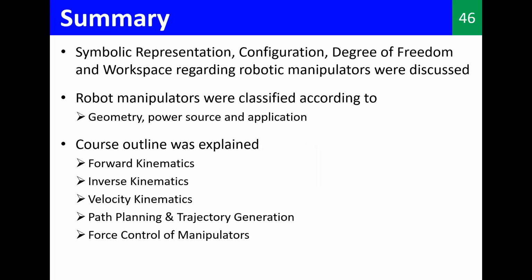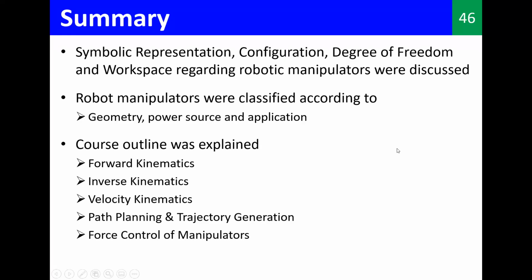So let me summarize what we studied today, right? So we started with how we can draw a manipulator on a paper, like using some symbolic representations, and we got to know what is the configuration, that is the state of all the joints, then the degrees of freedom, which is equal to the number of joints, and the workspace, that is like the 3D volume it will actually sweep, right?